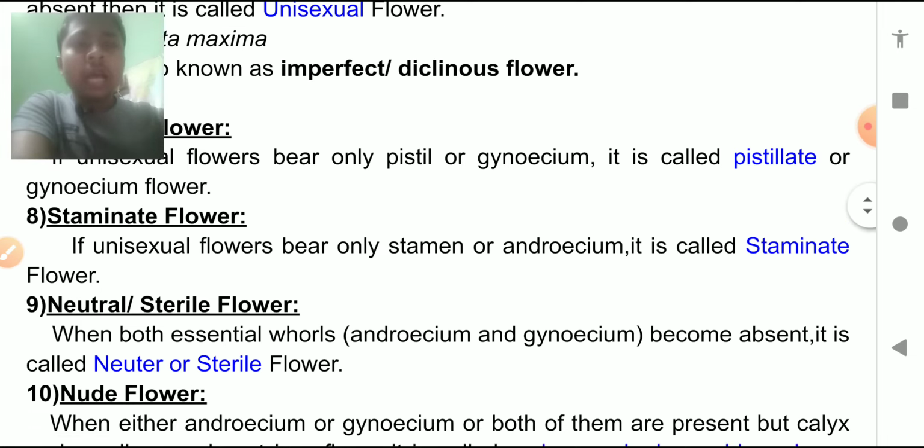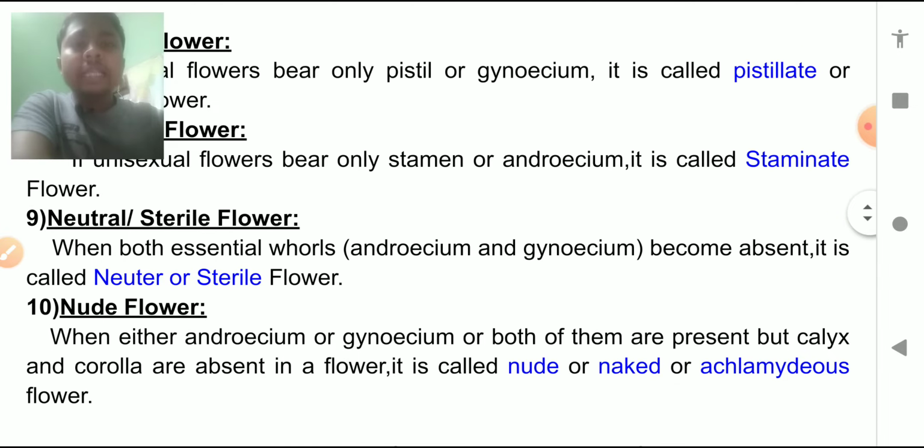Now we discuss neutral flower. Neutral flower, or neuter flower, it is also called.